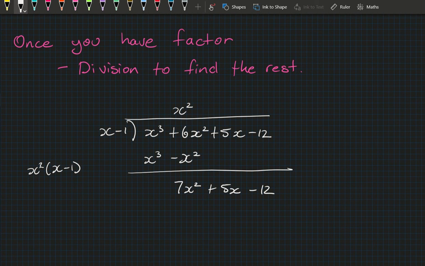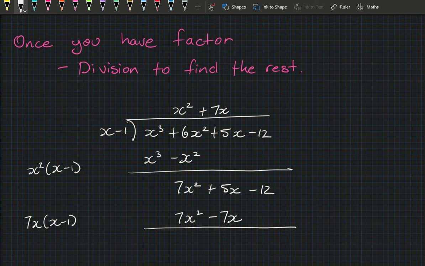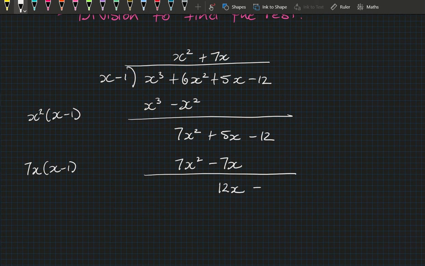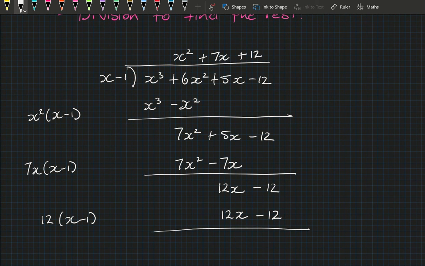So I want to get rid of the 7x squared, so 7x times x minus 1 is 7x squared minus 7x. Putting up the 7x at the top and starting to subtract away, we get 12x minus 12. So I want to get a plus 12x here. So that's 12x minus 12. Putting the plus 12 at the top, subtracting away, we get a remainder of 0.